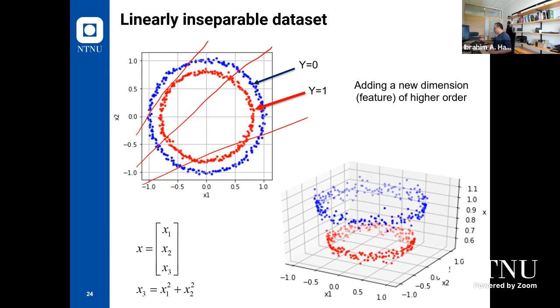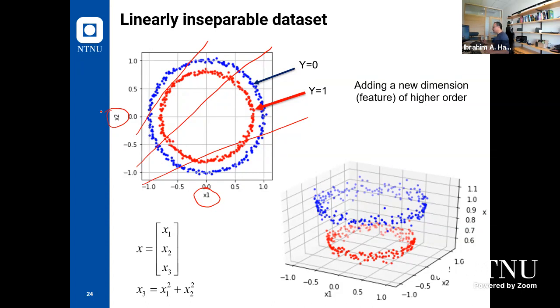It looks simple, but one way for solving it is to try to extend it with higher order features. If we can add higher order features, maybe we can find a simple model for separating it. Because we have here x1 and x2, for example, and we just plot the data in two-dimensional space.